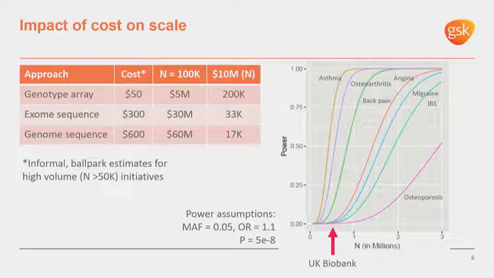And once you start getting into that frequency range, you've got to be up in the 5 to 10 million individuals to achieve sufficient power. If you're doing genome-wide association studies, that lets you identify all the genes that seem to be affecting risk of this disease.